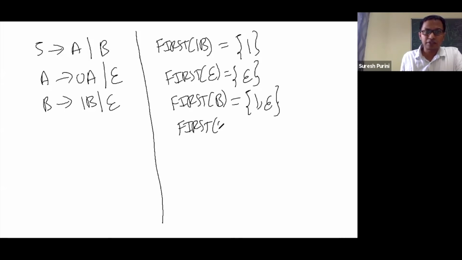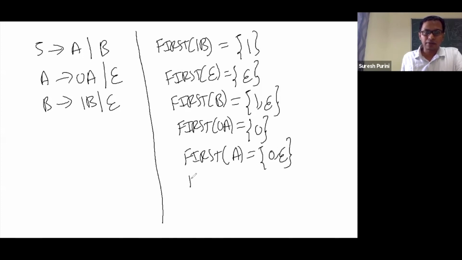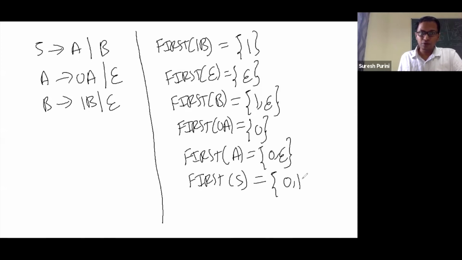Similarly, first of 0A, and first of A. While computing first of S, we need to know first of A and first of B. It's a union of them. So that gives us first of S as 0, 1, and epsilon.